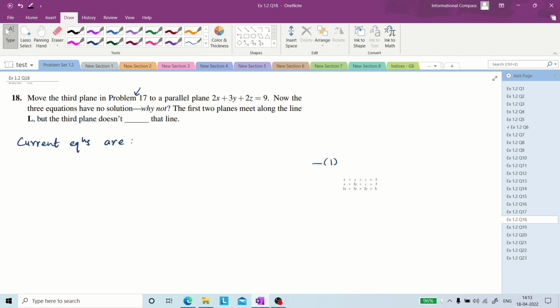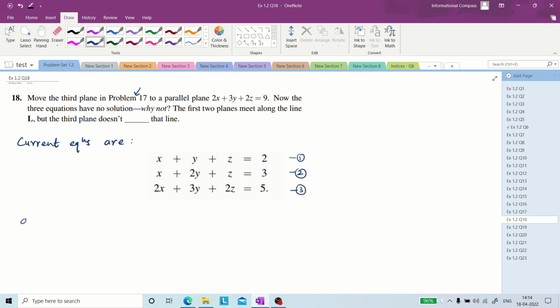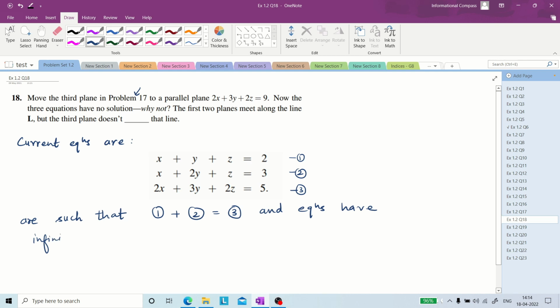I'll just erase this here for simplicity. These are the three equations based on question number 17. This is equation 1, this is equation 2, and this is equation 3, such that one plus 2 is equal to 3, and the equations have infinitely many solutions.